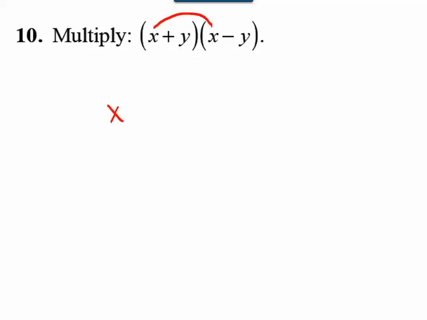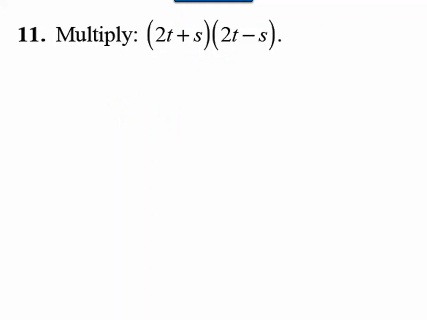Should be the easy one here. X squared minus y squared, and done. So how about 4t squared minus s squared?